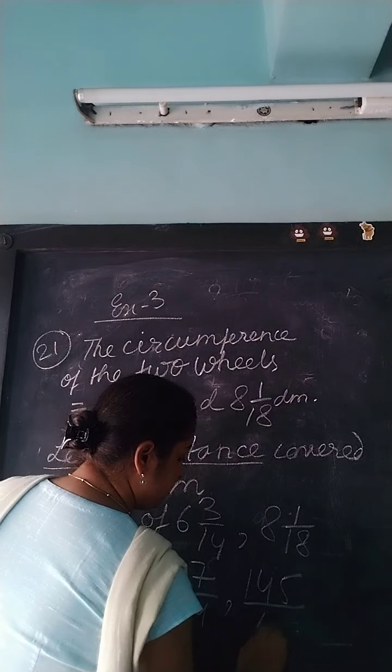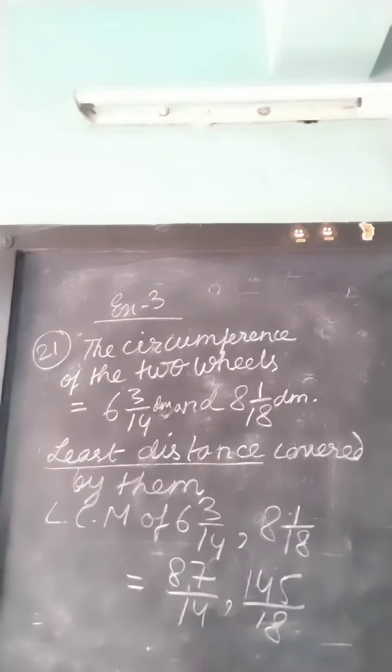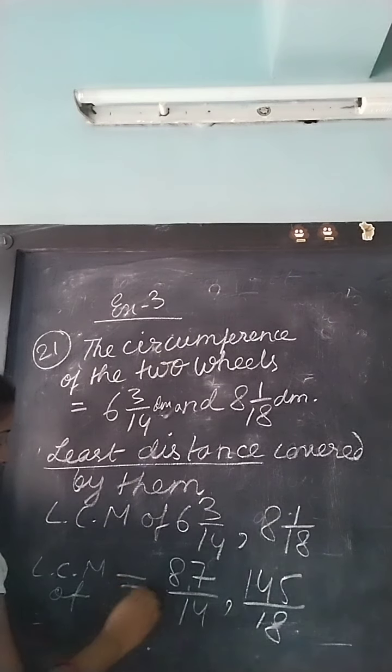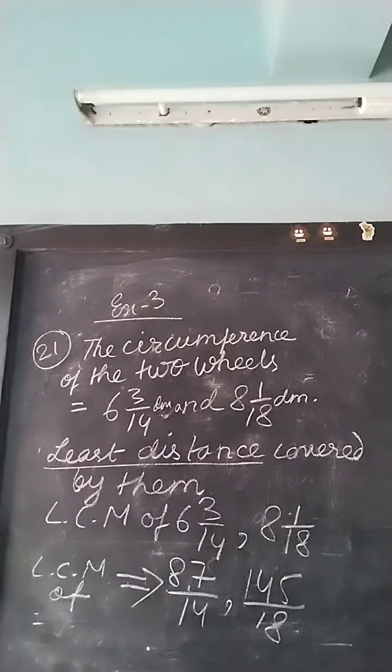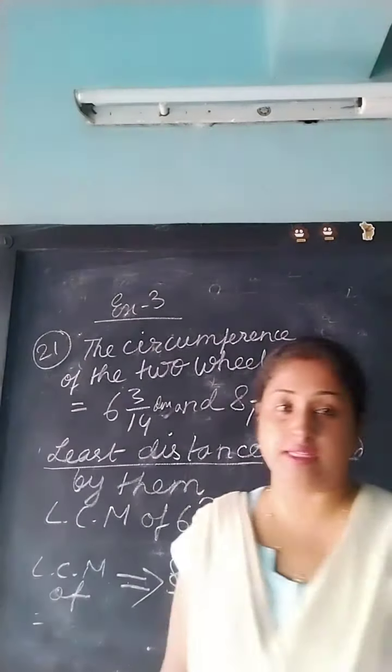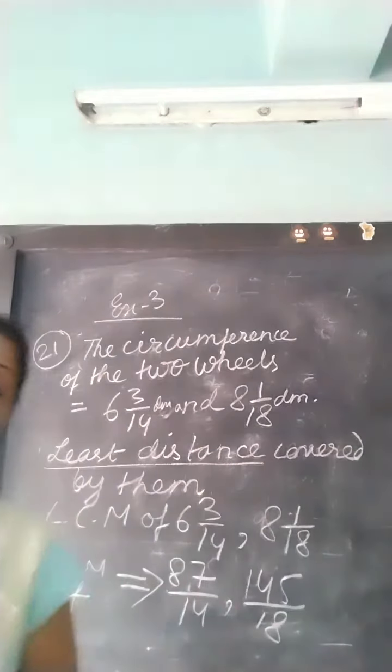Now you have to do the LCM of these two numbers. So how will you do the LCM of these two numbers? You have to do LCM of the numerators by HCF of the denominators.